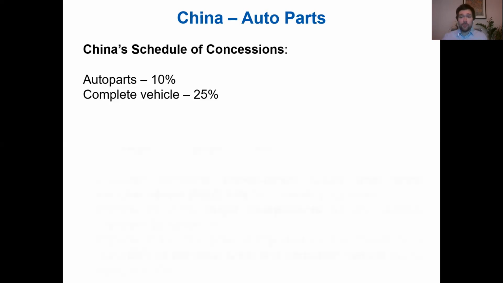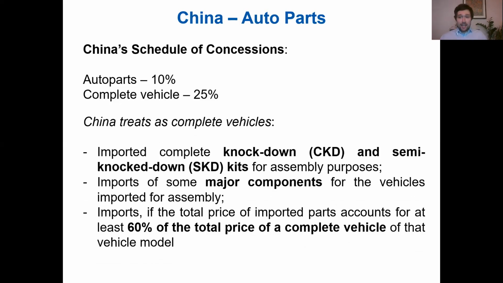How did it work? So China said that they will apply these duties to parts and to complete vehicles, but they would introduce a different definition of a complete vehicle, actually a specific definition of a complete vehicle.